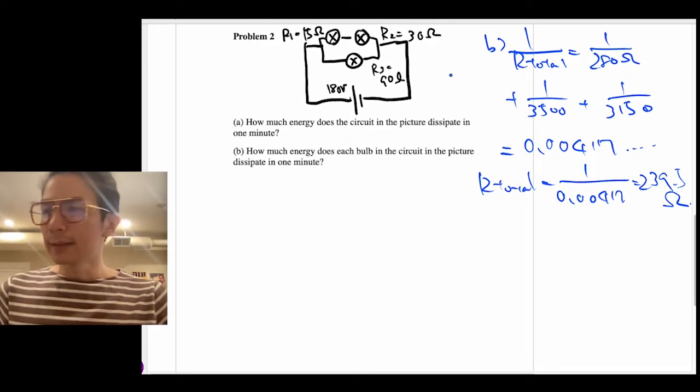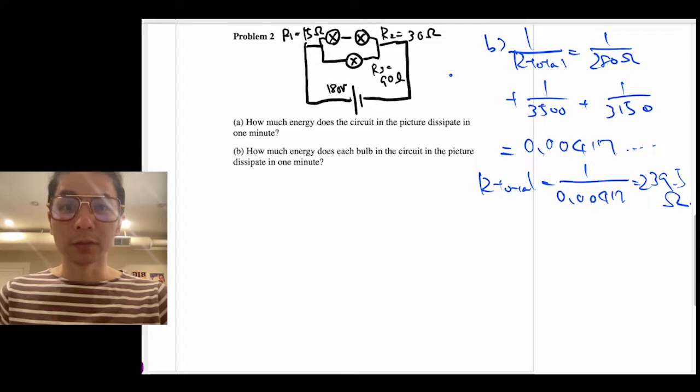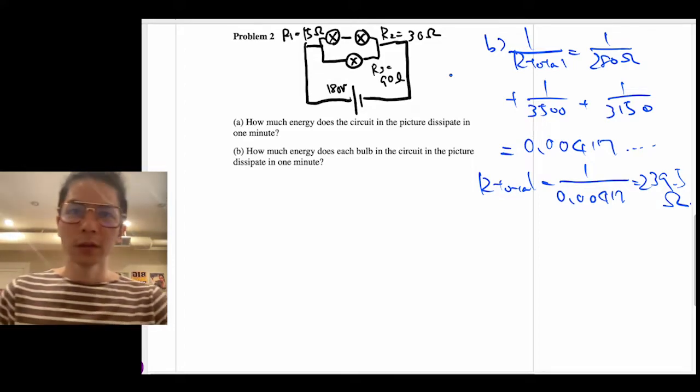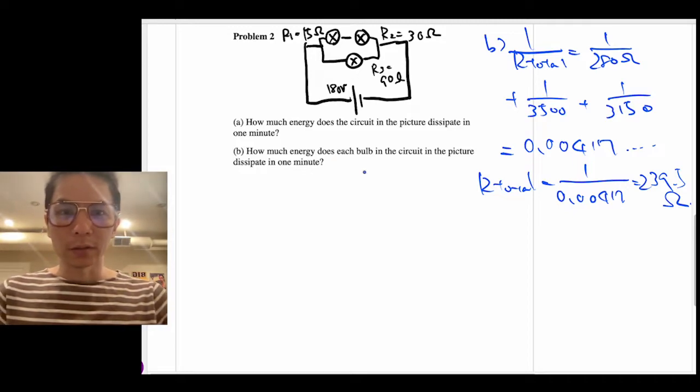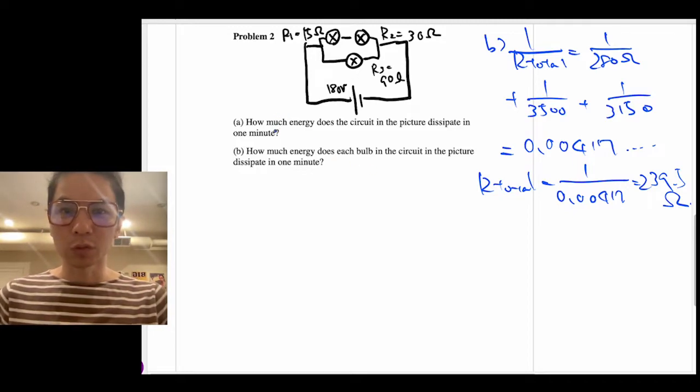Okay, so let's go to problem 2. Now you have a combined electronic circuit, and the problem is how much energy does the circuit in the picture dissipate in 1 minute.